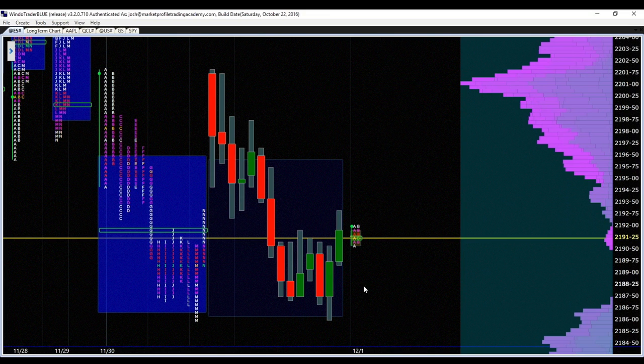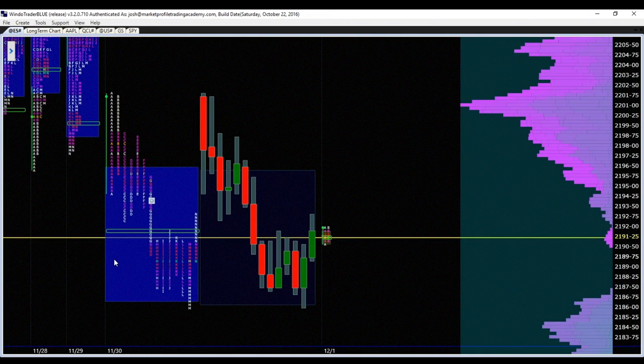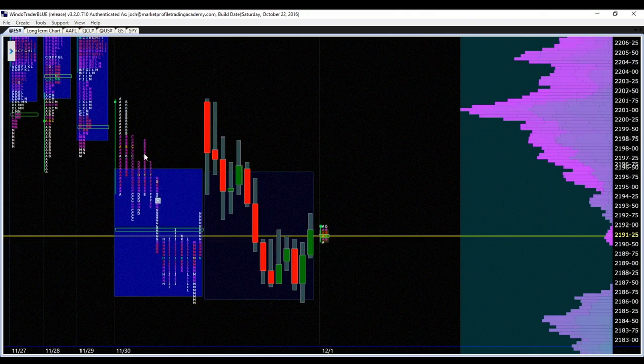So you're almost 10 points, almost a $500 move in the S&P per contract in futures. I don't trade the S&P because it's not that wide, but there you go. So that's what it looks like in the S&P.